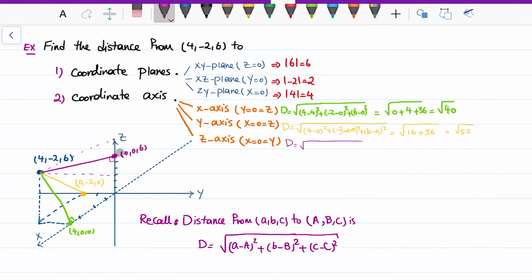It would be square root of the distance between these 2 points, which would be 4 minus 0 squared, negative 2 minus 0 squared, and then plus 6 minus 6 squared, and the square root of all of them would be square root of 16 plus 4 plus 0, which would be square root of 20. Okay, so I guess that's it.